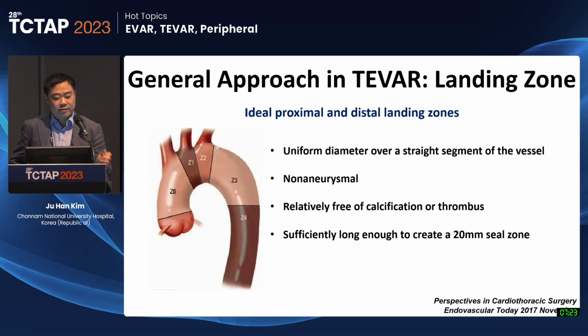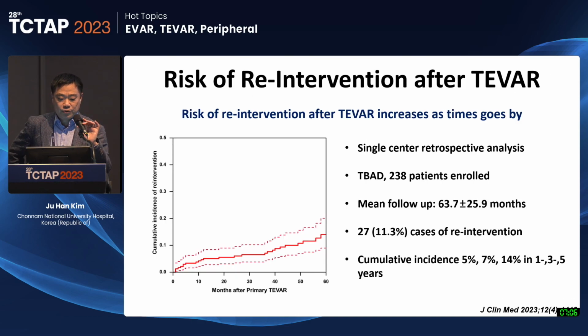And for TEVAR the landing zone is very important. Zone 4 TEVAR has good long-term results, but zone 0, zone 1, and zone 2 have a very poor prognosis. The risk of re-intervention after TEVAR increases as time goes by.